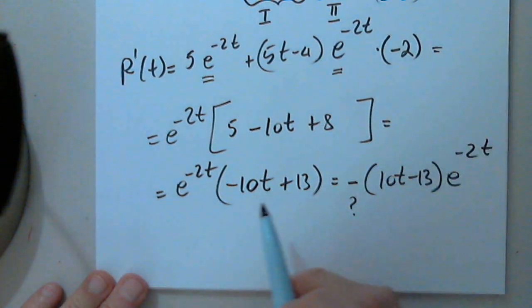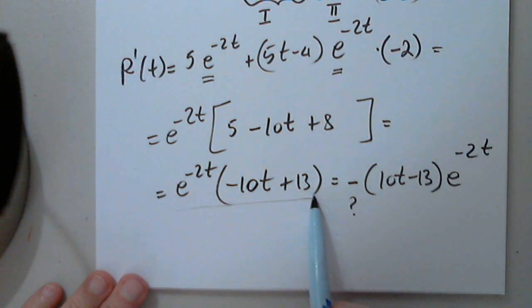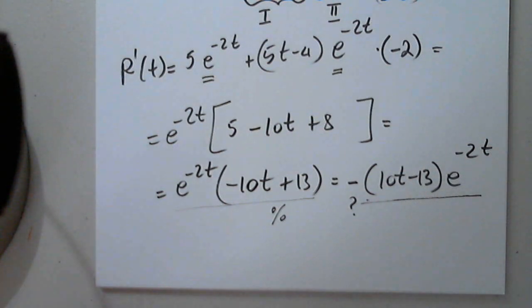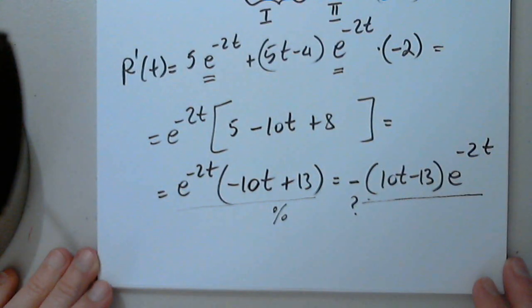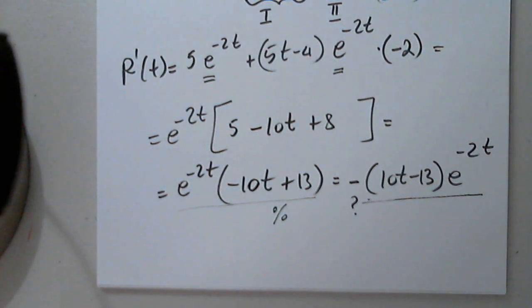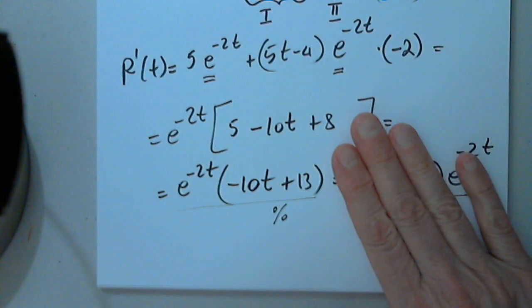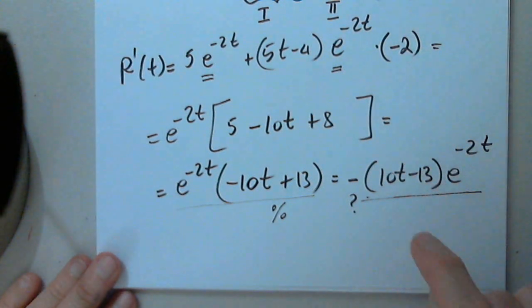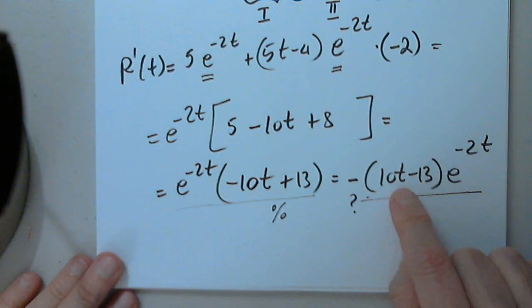Yes, just 1 second. So if you leave it like this, you still get 100%. But this is very important for what follows in the next chapters. Yes, go ahead. On my answer, I put 13 minus 10t. That's fine. That's an acceptable answer. But I would like my students to get into the habit of presenting everything in descending order.